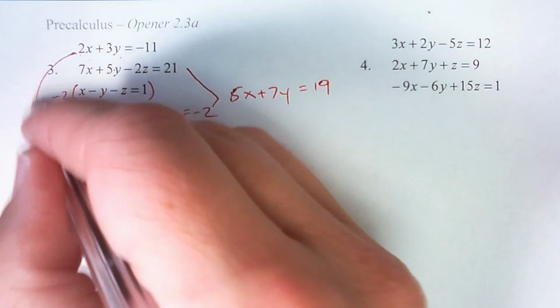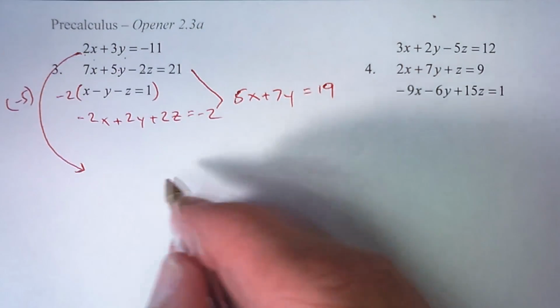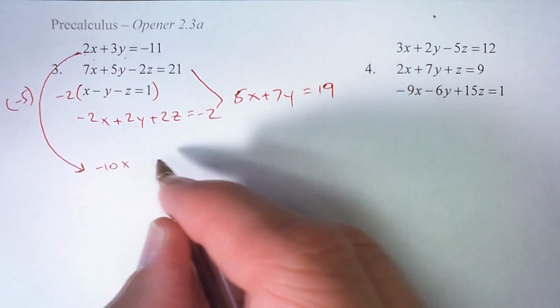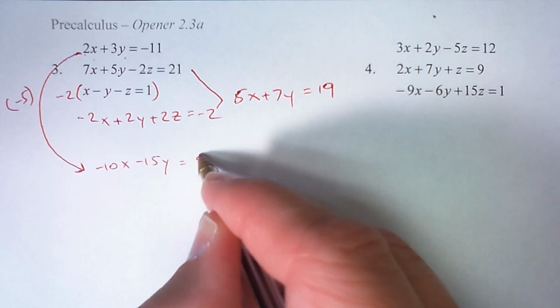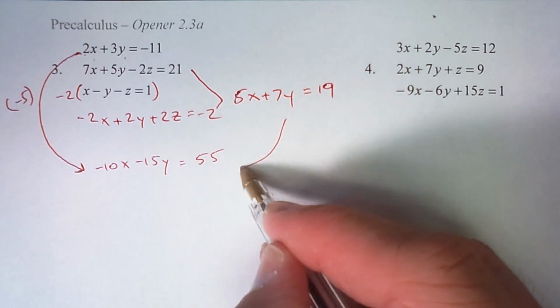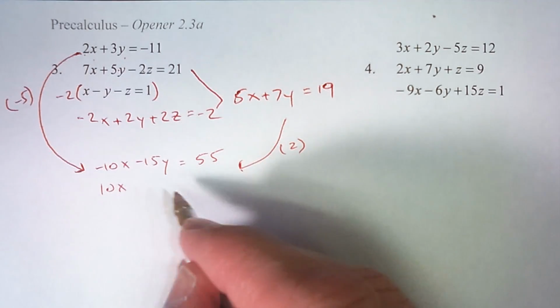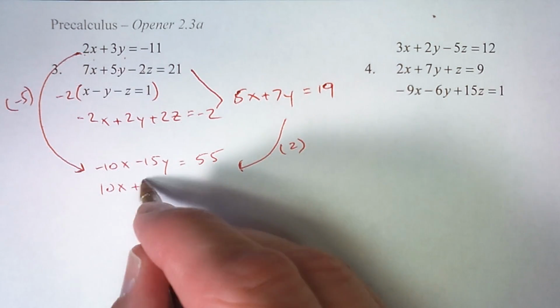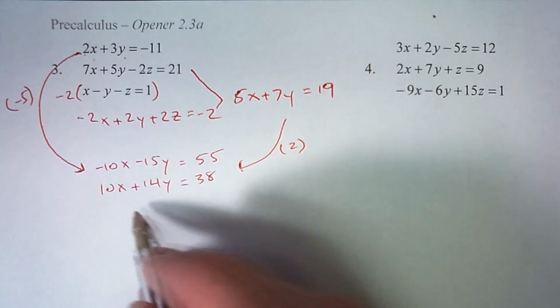So I'm going to bring this down here and multiply by negative 5. So I've got negative 10x minus 15y equals 55. And then I'll bring this one down here and multiply by 2, and I've got positive 10x plus 14y equals 38.